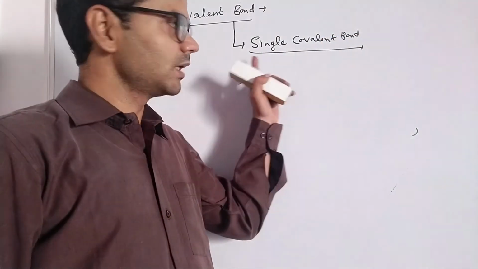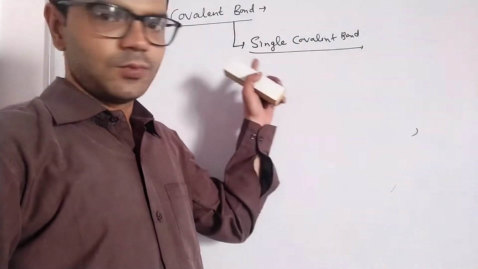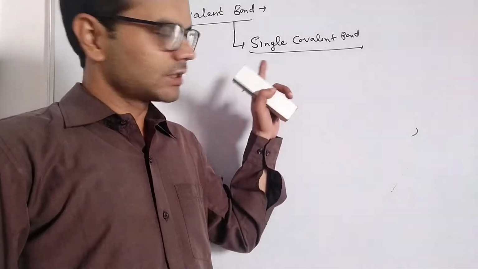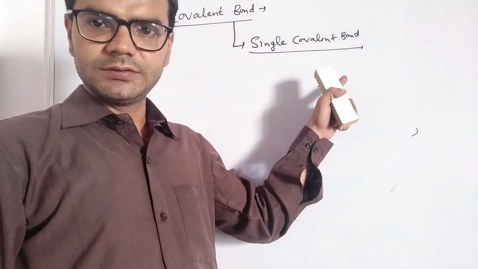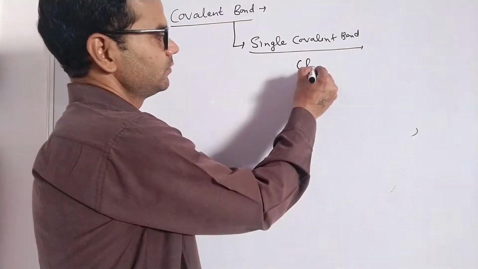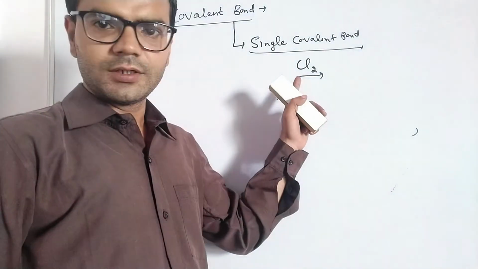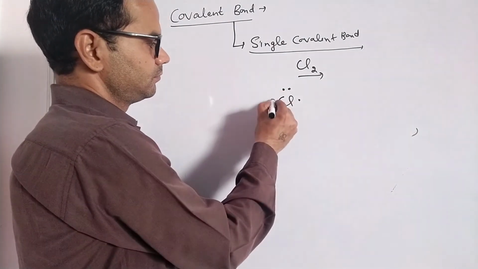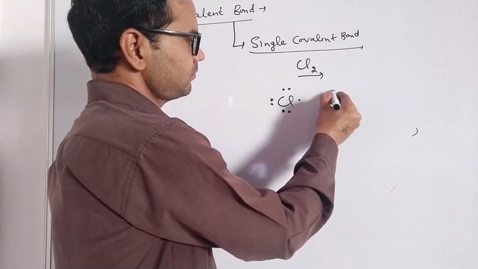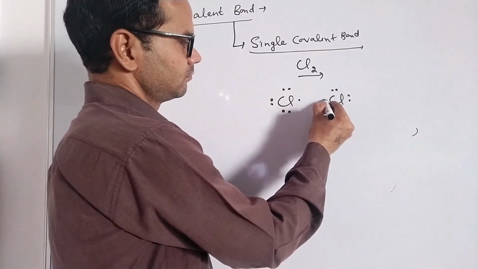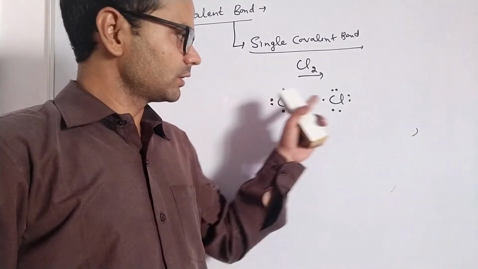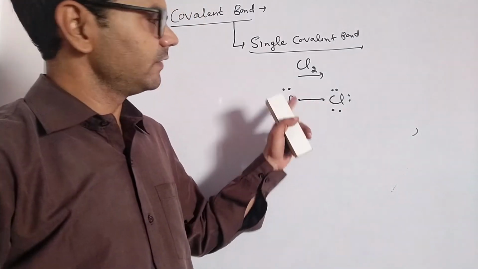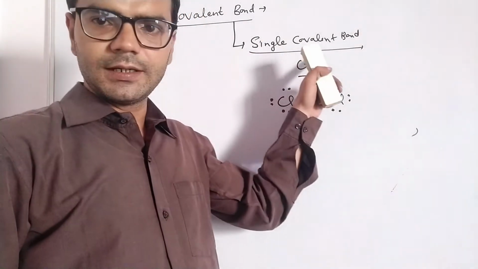First is a single covalent bond. This bond is formed when two electrons are shared, meaning one pair of electrons is shared, then the single covalent bond is formed. For example, we have Cl2. Chlorine contains 7 electrons in the valence shell. To achieve its octet, one electron can be shared, and sharing of these two electrons will result in the formation of a single covalent bond.